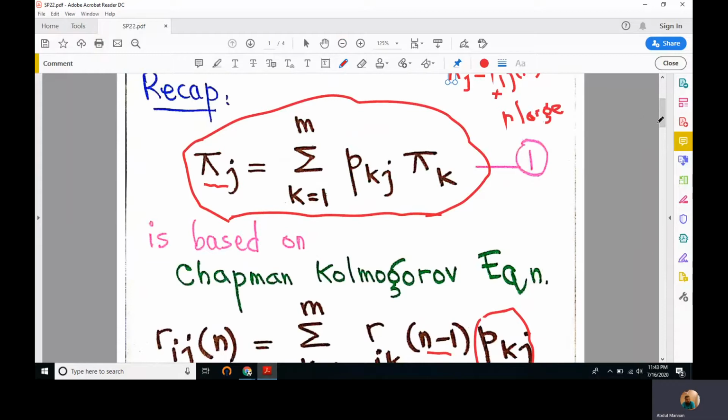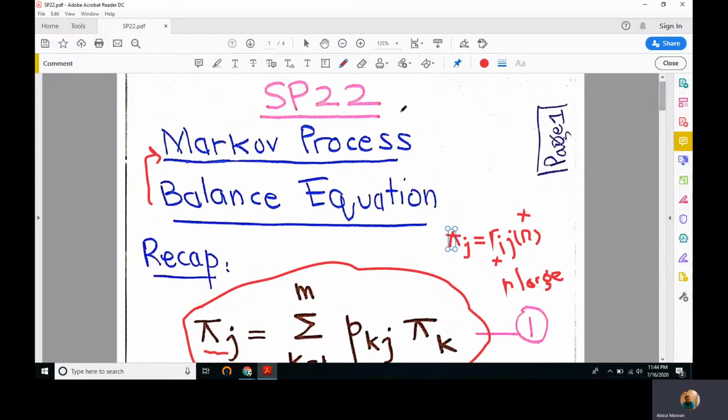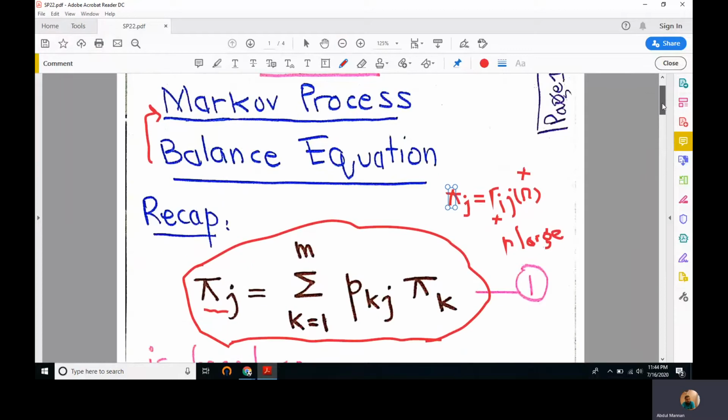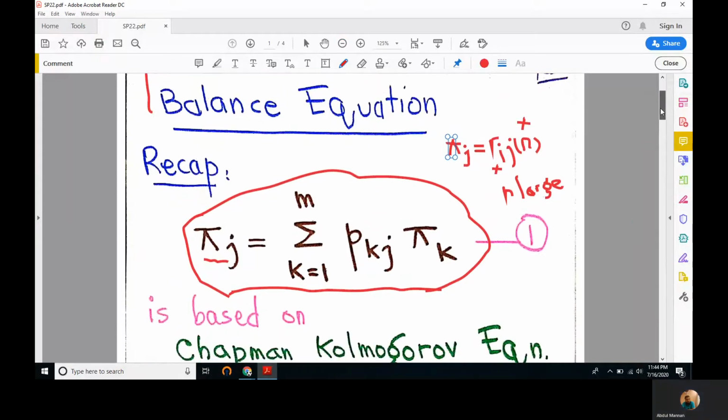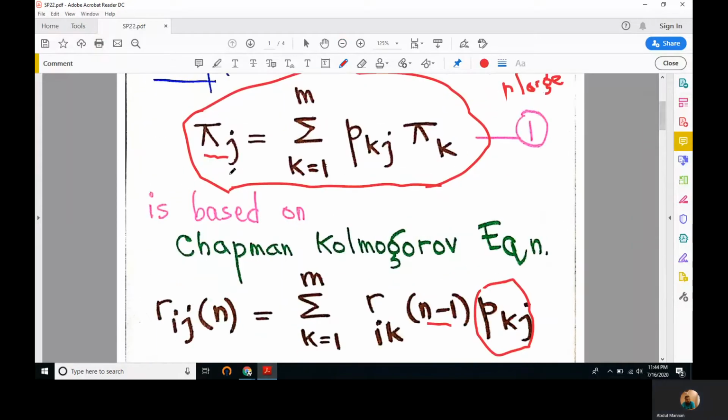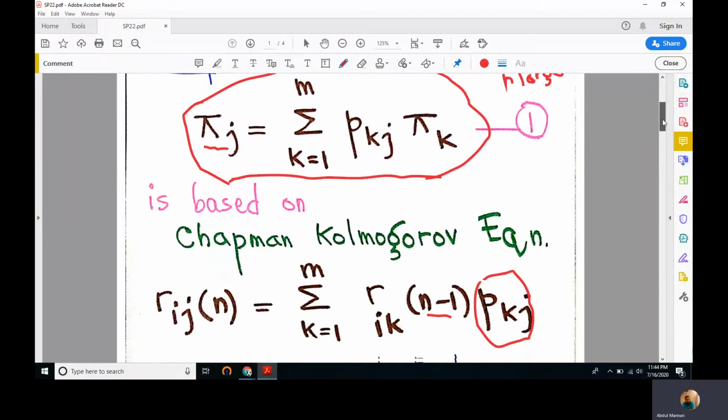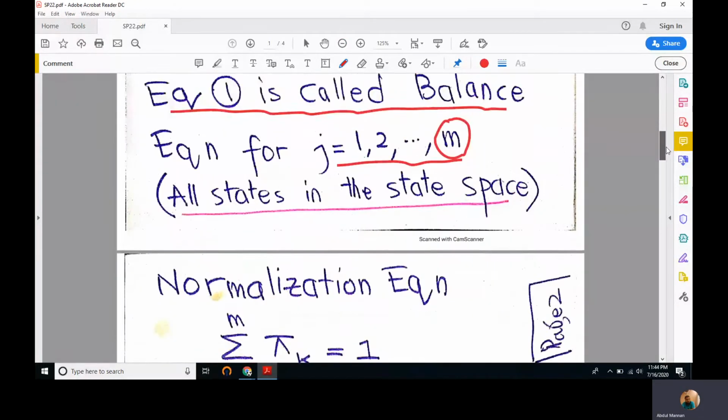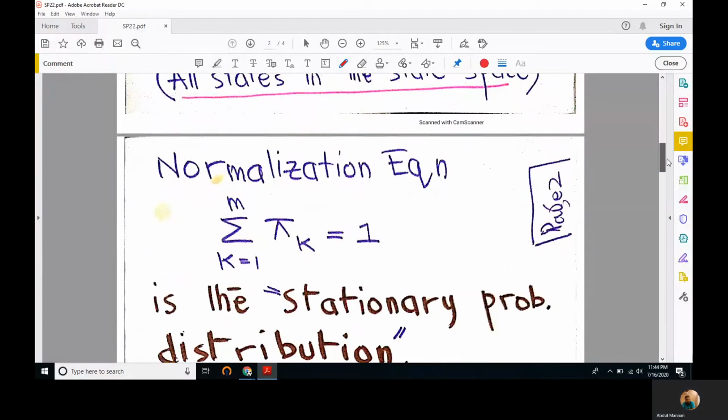Because we studied in lecture number 21 that if the chain contains only one recurrent state and no transient state, then the long-term probability pi j settles or saturates to a point as n grows very large.